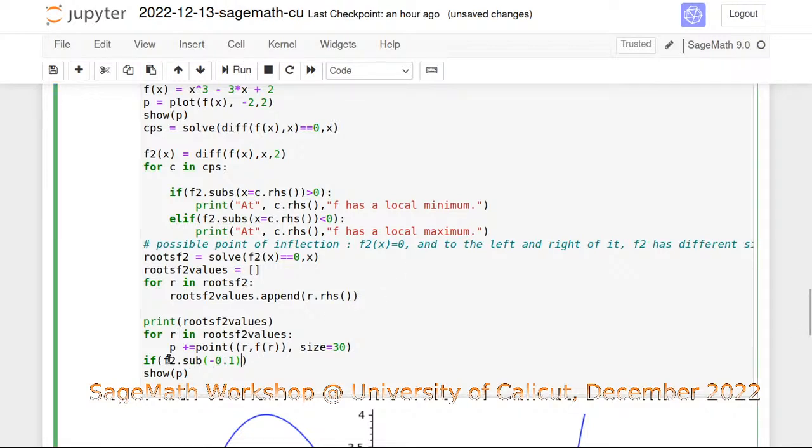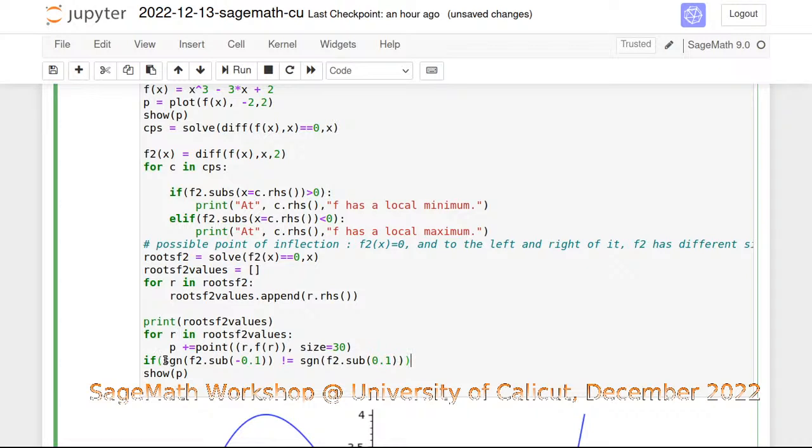I think we can use the sgn function, sgn. So this and the value at plus 0.1, to the left and right.